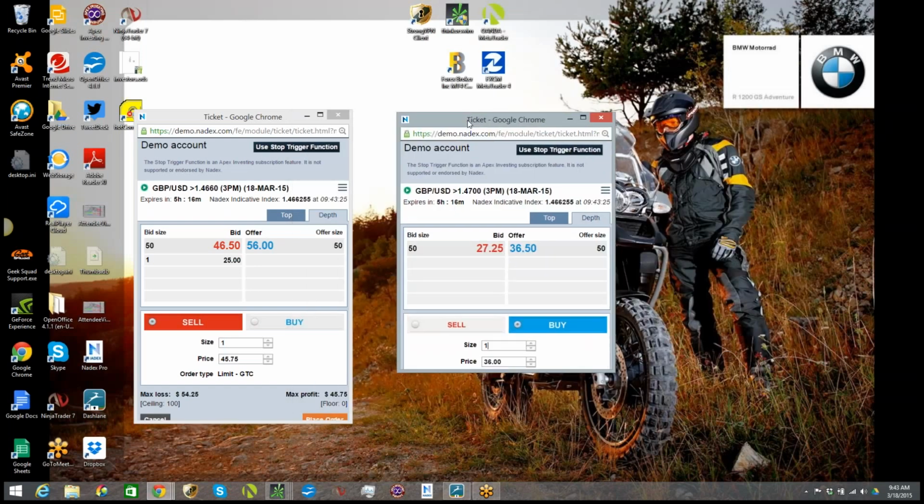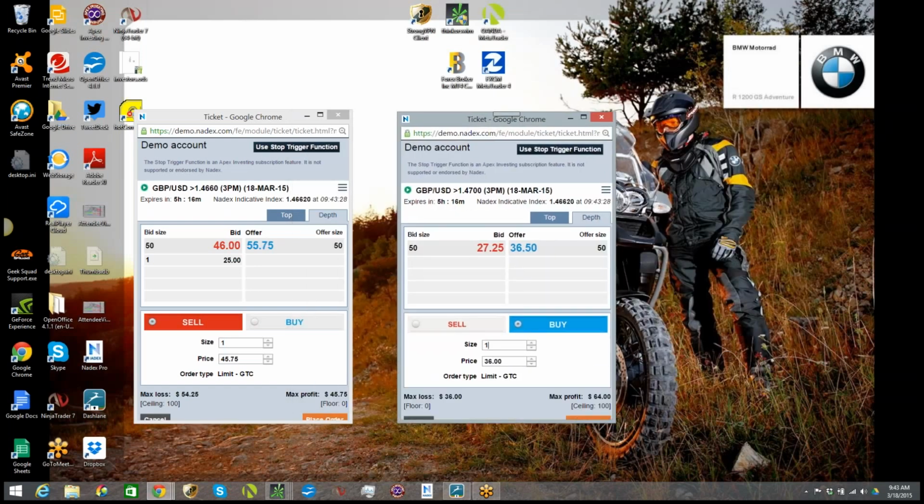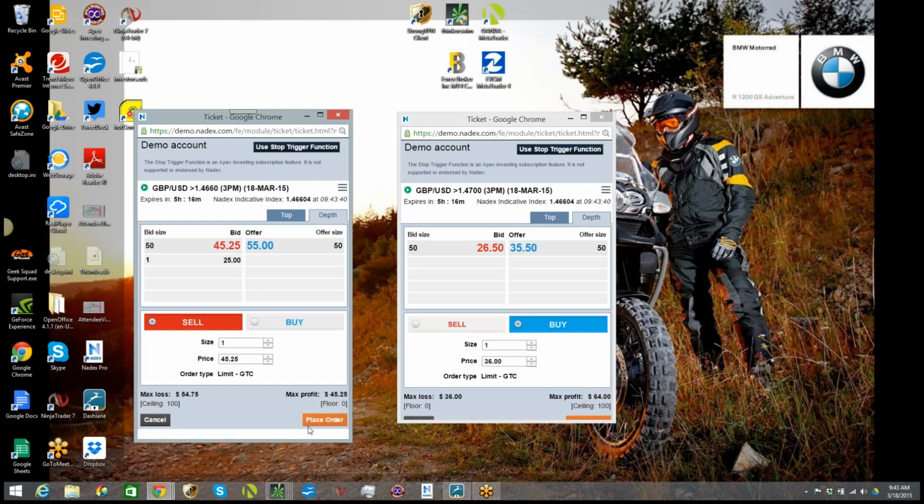If I wanted to go short, sell the pound dollar, I will already have this, and all I have to do is update the price here by clicking on the price and say place order, and then I will be immediately in the trade.